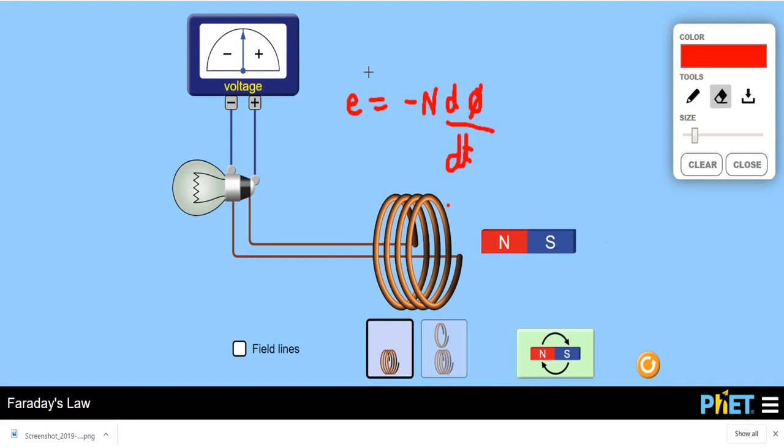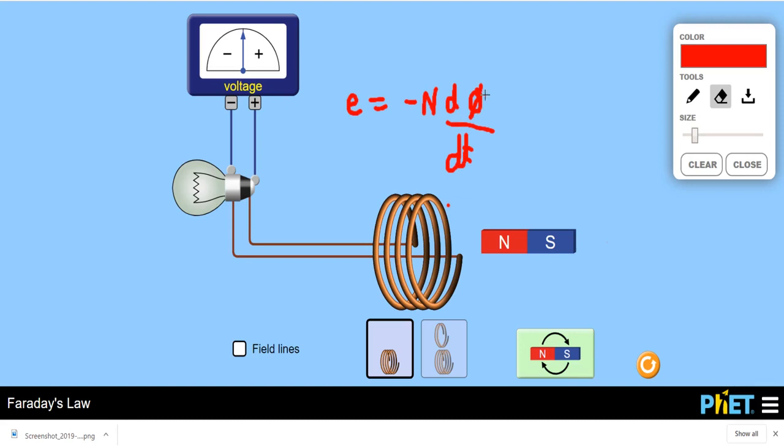So this is Faraday's law of electromagnetic induction's formula, and according to this, the induced EMF depends on the rate of change of flux in this coil, and also on the number of turns of the coil. As the number of turns of this coil increases, the induced EMF increases.